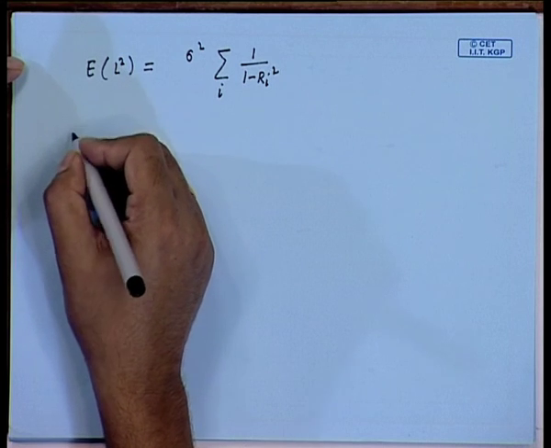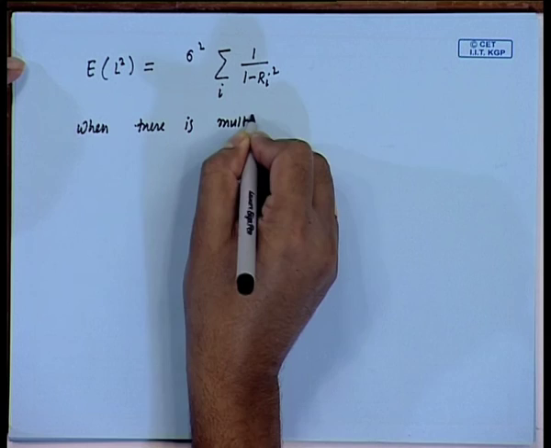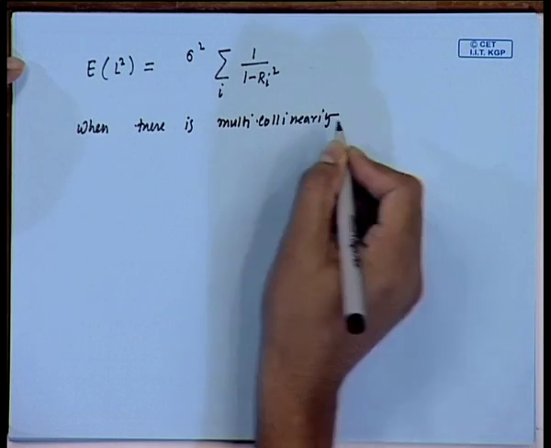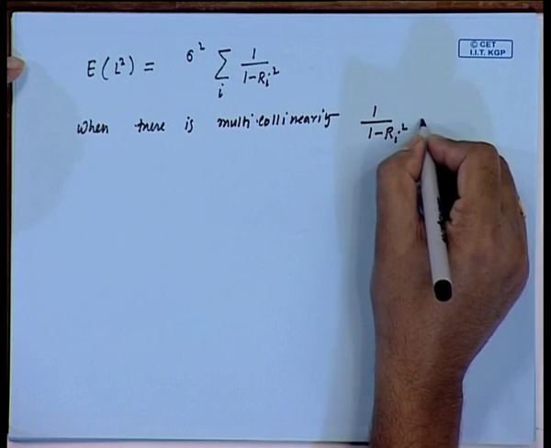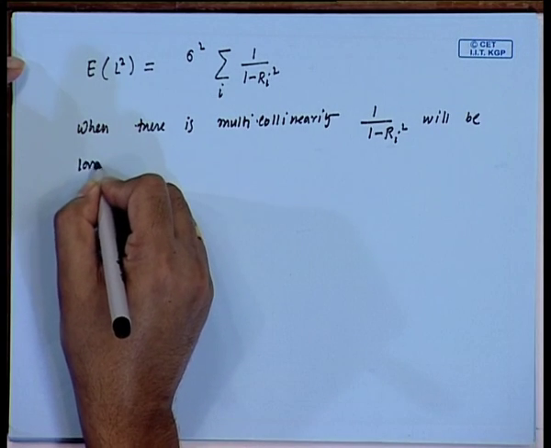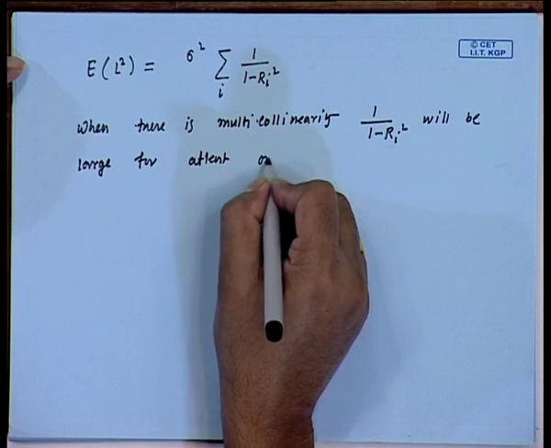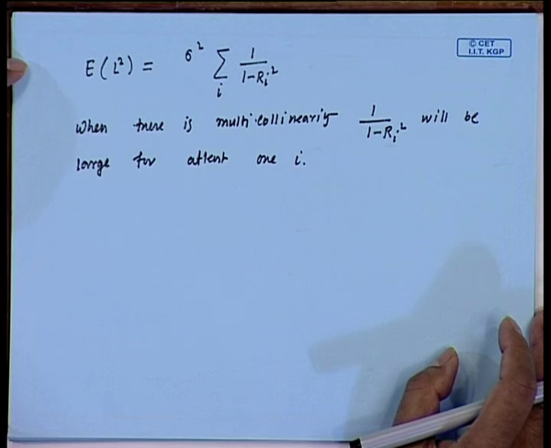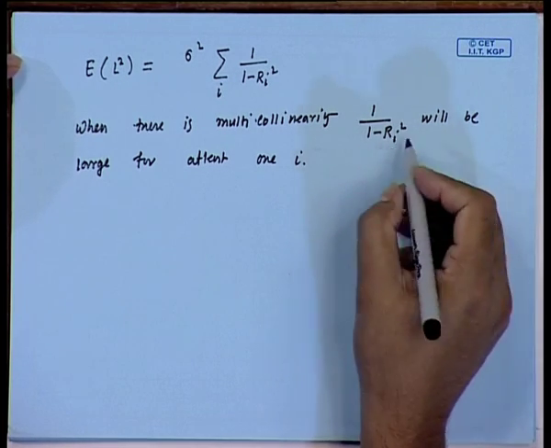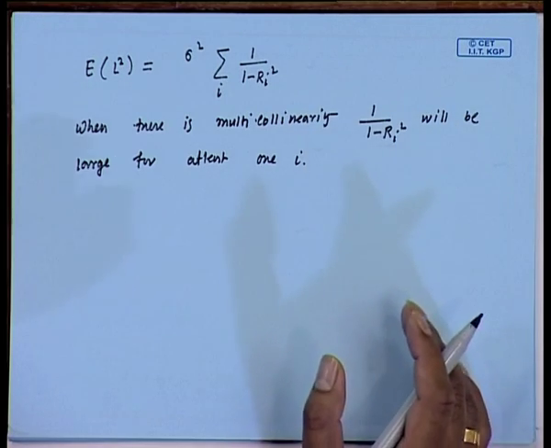And when there is multicollinearity, 1 by 1 minus R I square will be large for at least one I. This R I square is the coefficient of multiple determination for the regression of x I on the remaining k minus 2 regressors.